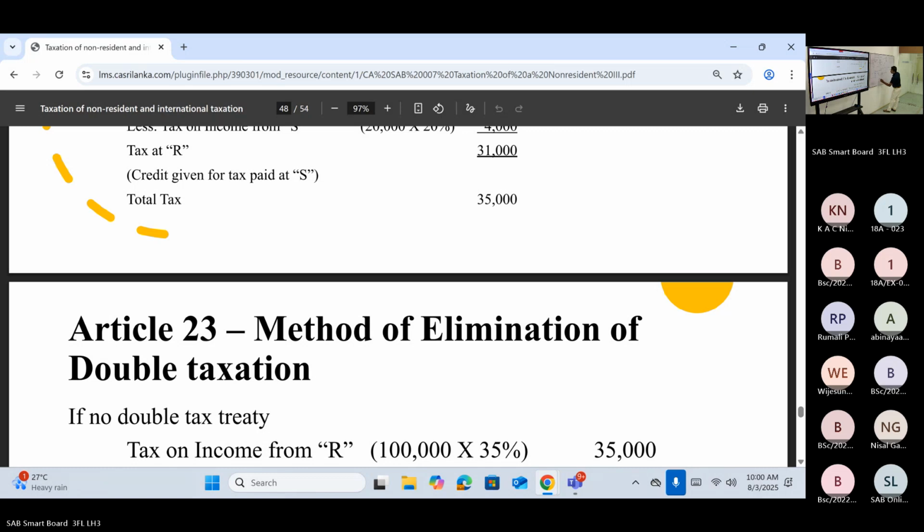Country S, 20,000 at 20%, is 4,000. Total 39,000. That 39,000 is with no DTA. But because of the DTA, total tax exposure is limited to 35,000. So that 4,000 is the benefit.